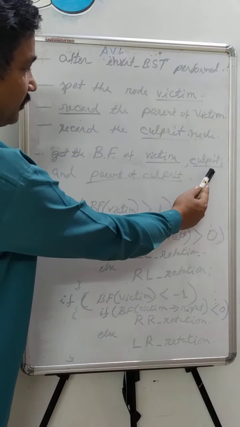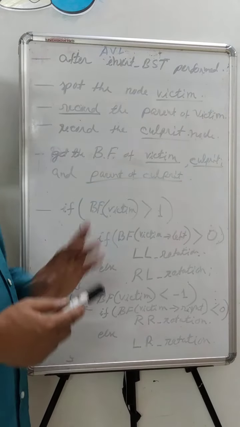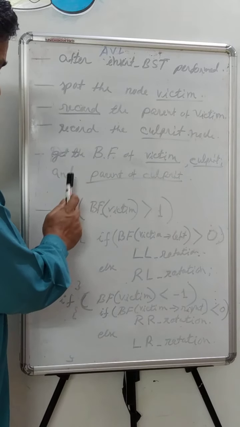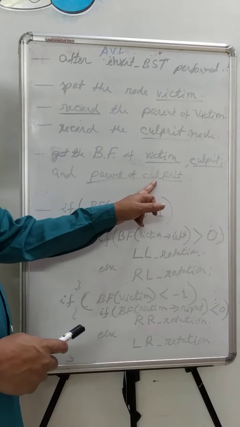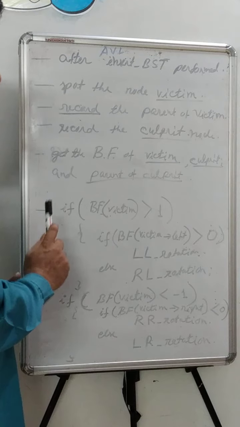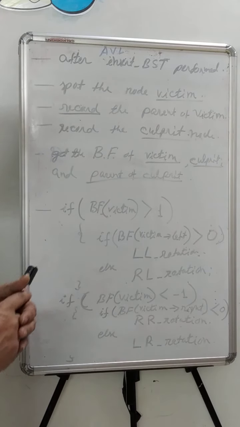At the same time we will calculate the balance factor of the culprit node. It is definitely a leaf node, and a leaf node's balance factor is always 0. And then the parent of the culprit, which will be either on the left side of the victim node or on the right side of the victim node.